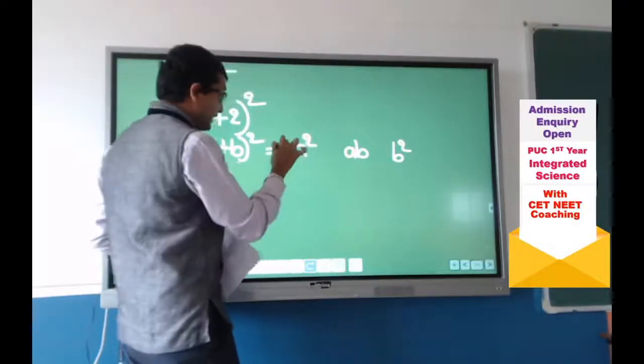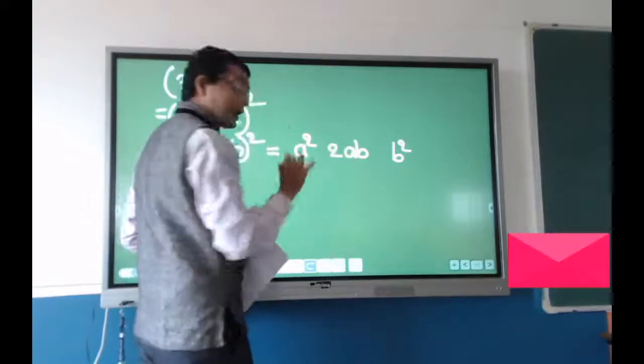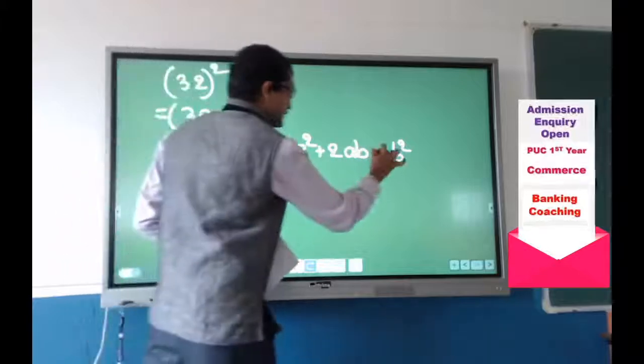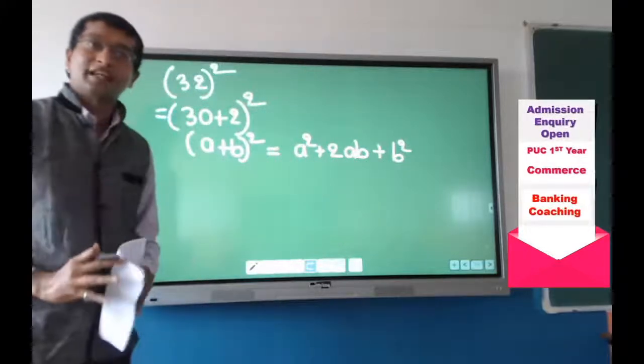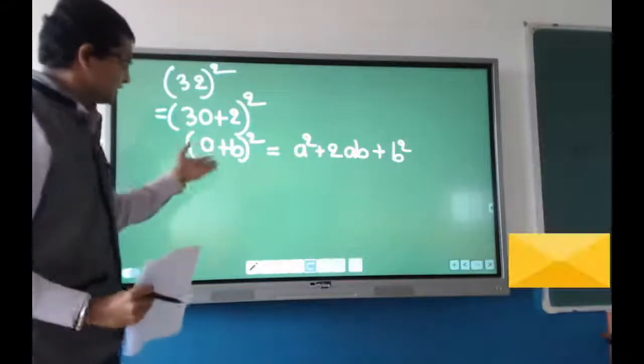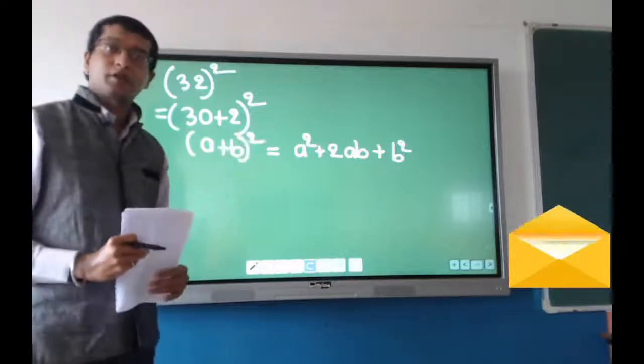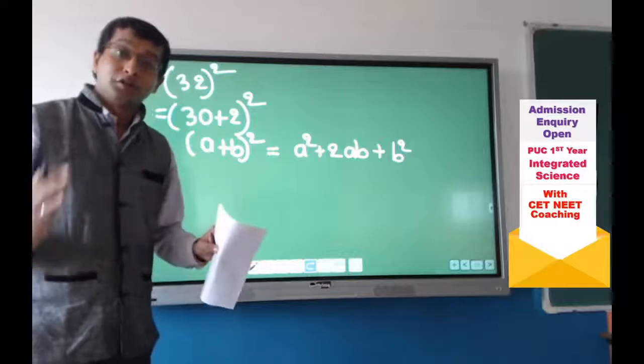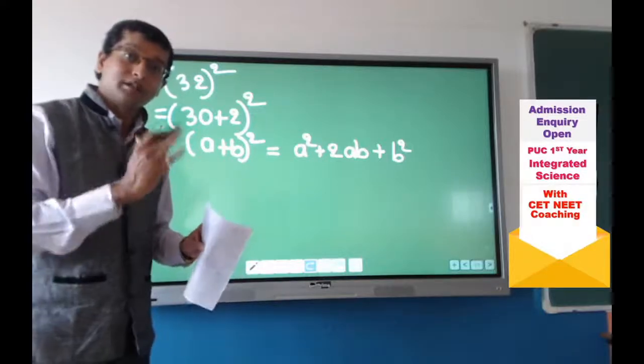Then in a Pascal triangle we have 1, 2, 1. Since it is a plus, everywhere you have to assign a plus sign. So using the Pascal triangle, I am writing an expansion of this. Do not memorize; all these formulas should be fixed in your mind.